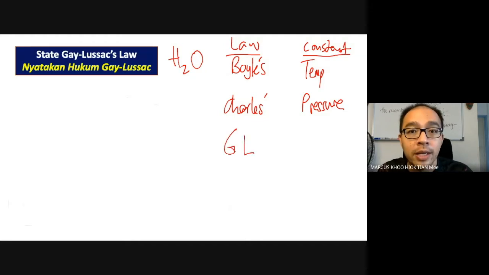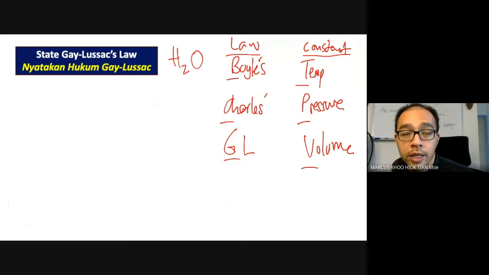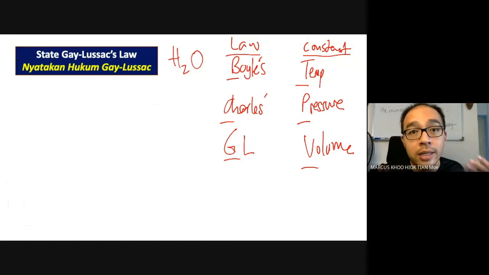The thing that is constant in the Gay-Lussac law is the volume. So BT, CP, and GV. In Boyle's law, temperature is constant. In Charles' law, pressure is constant. In Gay-Lussac's law, otherwise known as the pressure law, the volume is constant.